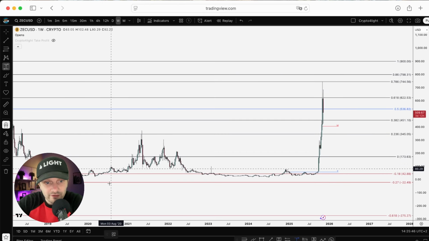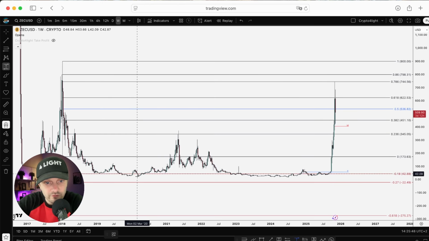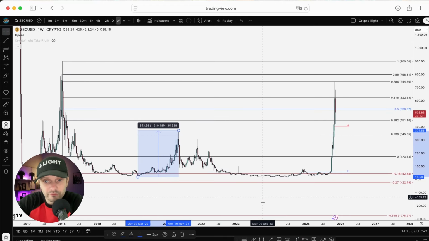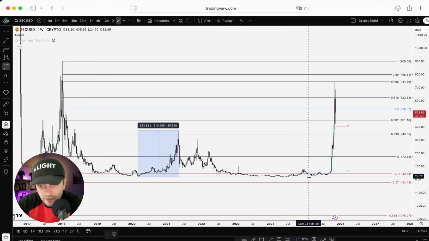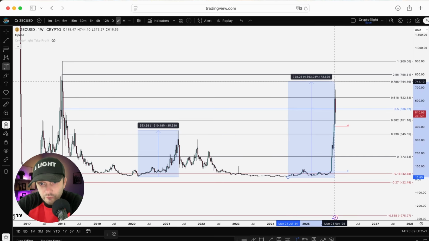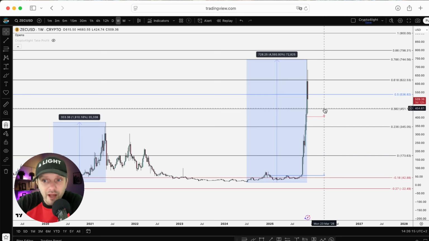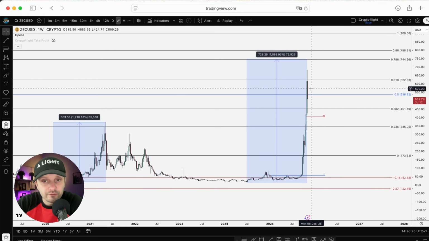The previous cycle, this was the low of the previous cycle, the March 20 COVID dump. The token performed at 1,900% gains. If we count the low of the current cycle, we performed at like 4,000%, 4,600%. Literally, how can 350 be just the beginning for the token?